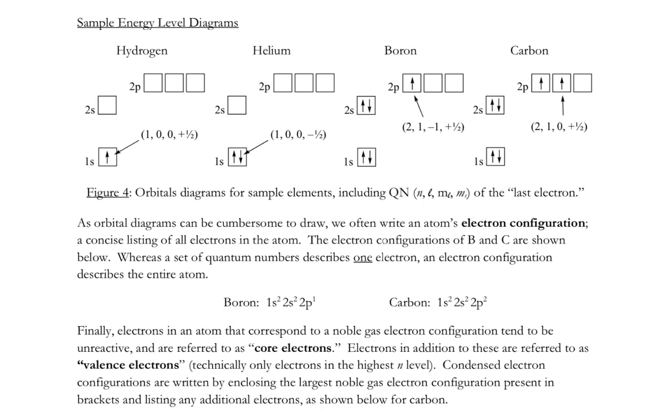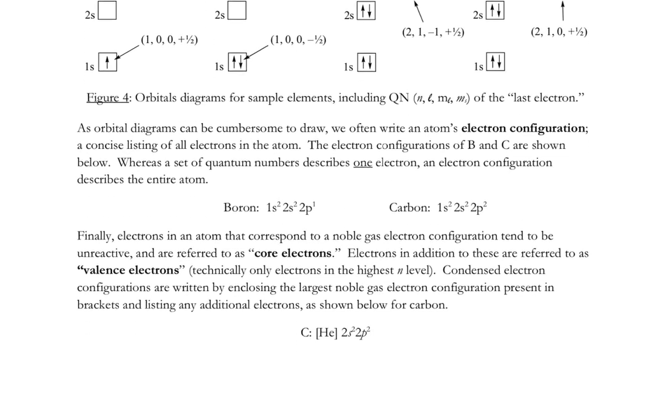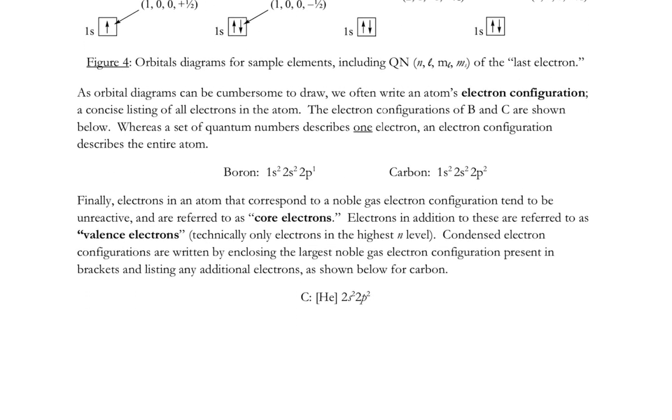So instead of writing the electron configuration for boron 1s2, 2s2, 2p1, we could write in square brackets He and then 2s2, 2p1, where the He would take care of the 1s2, the core electrons. So carbon's electron configuration we could write as helium 2s2, 2p2, and that would be shown here.